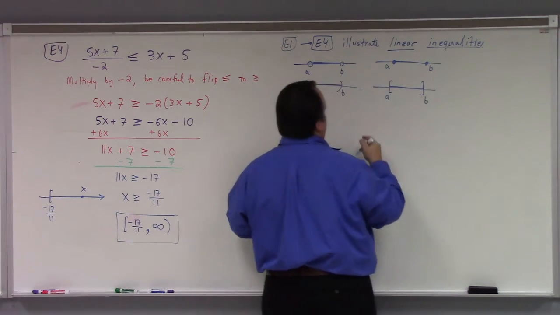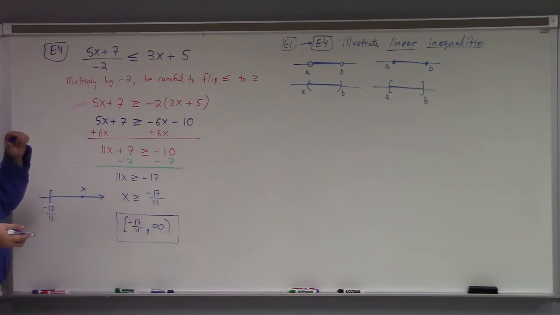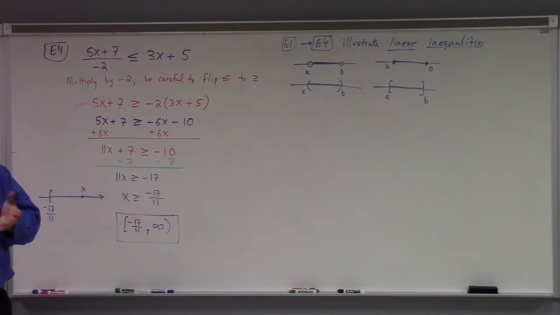Your text uses the brackets and the open intervals. Other books use open or closed dots. I like the open or closed dots because we also use that notation when we're talking about graphing, so that reinforces that idea.